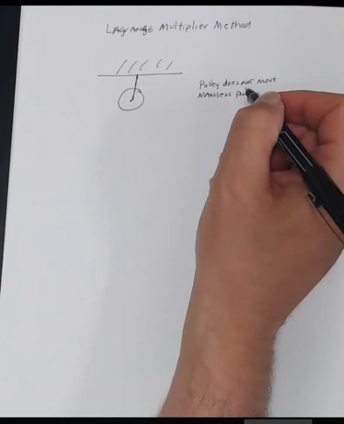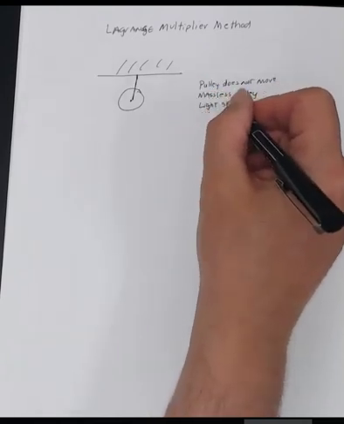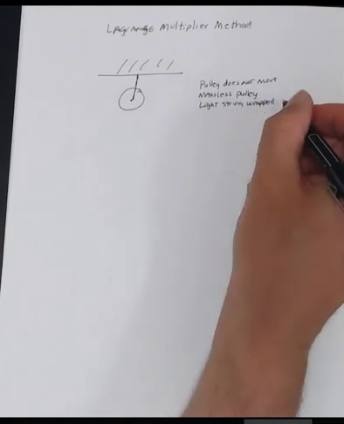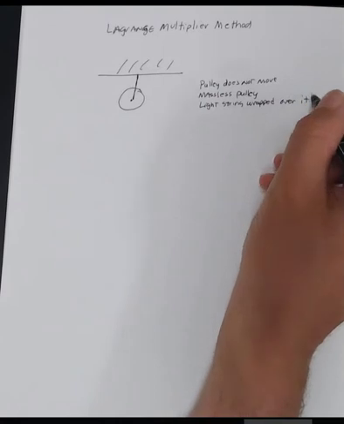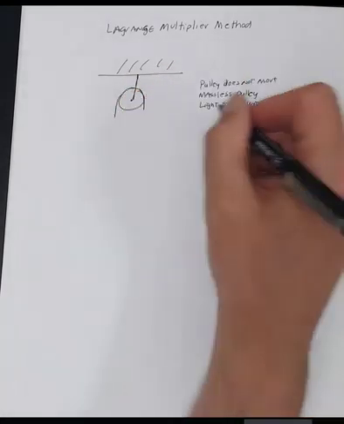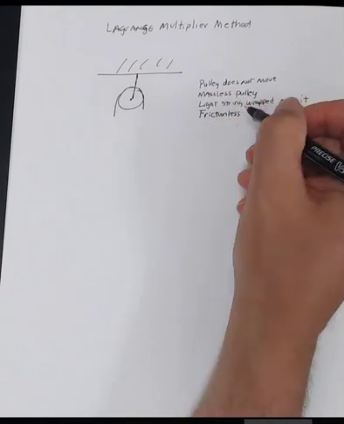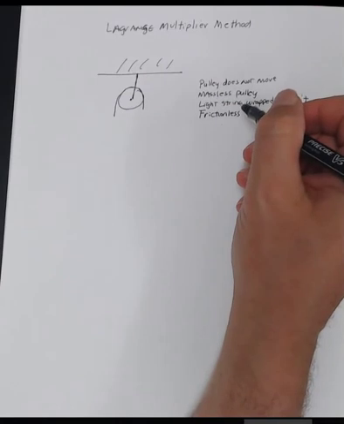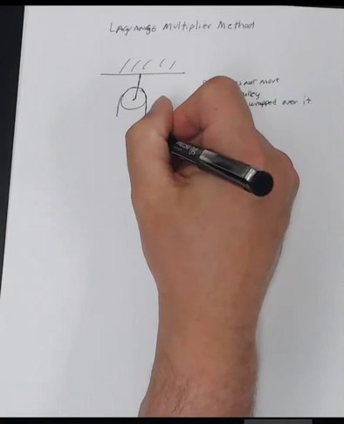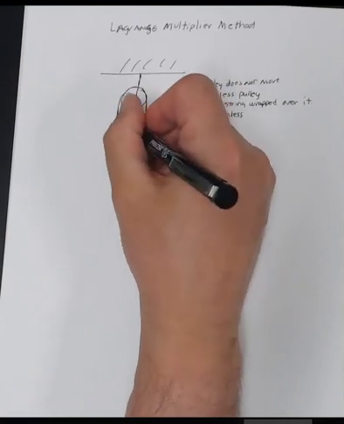What else? Light string wrapped over it, meaning we don't have to take into account the kinetic energy of the string. So we have this string wrapped over it, and it's frictionless. Can't forget that. Okay, so on one side we have mass 2, and on this side we have mass 1.